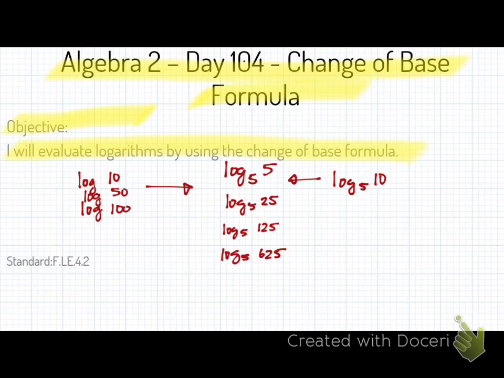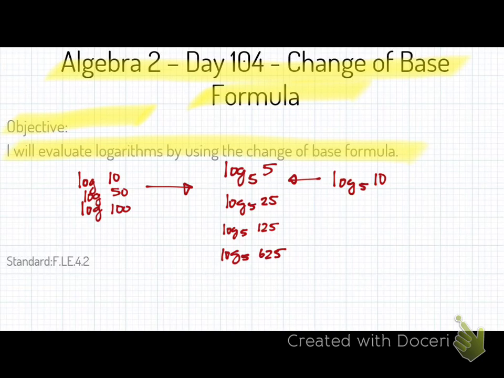Is there a log base 5 button on your calculator? Everyone pull out your calculators, iPads, and phones. You can pull out your phones too, that's fine. Just don't be off task. Okay, is there a log base 5 button on your calculator?